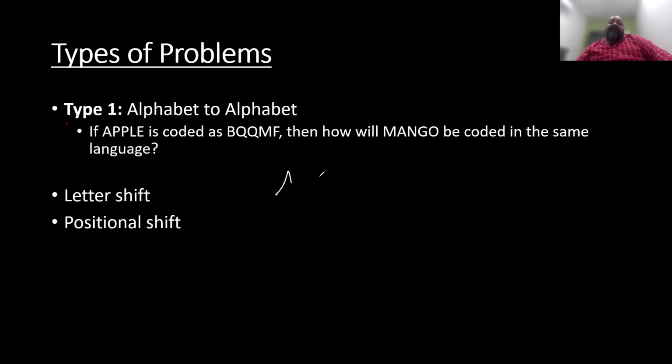For example, if I say APPLE is coded as FMQQB, what will be the code for MANGO?